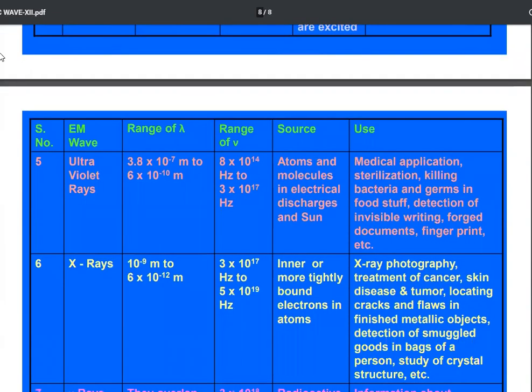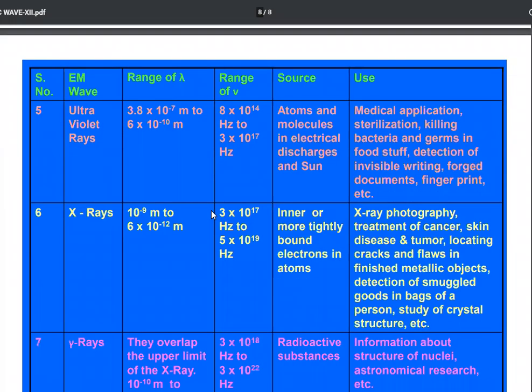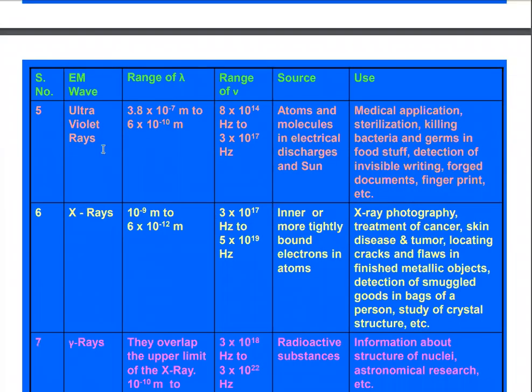Now, the fifth component of the electromagnetic wave is ultraviolet rays. Infrared has longer wavelengths than the red component of light, and the ultraviolet component has smaller wavelengths than the violet.